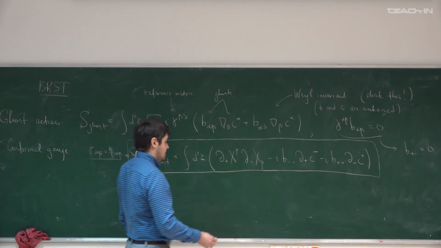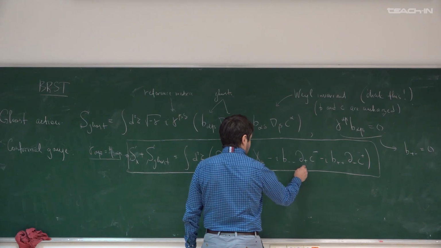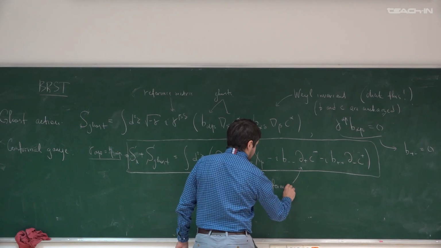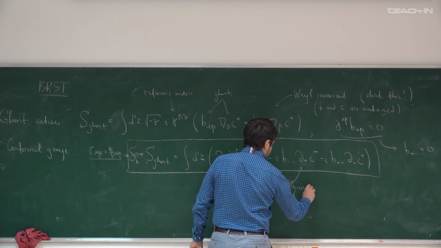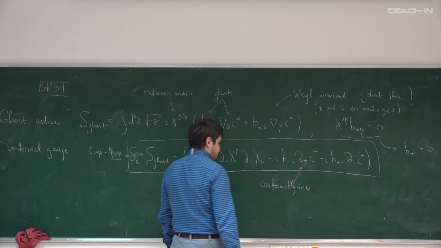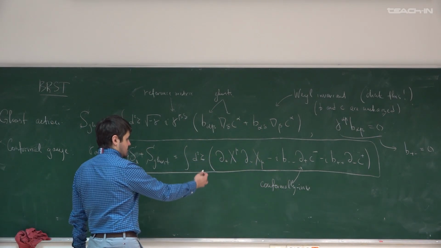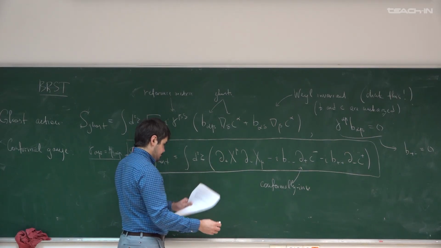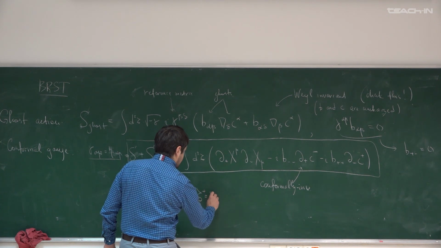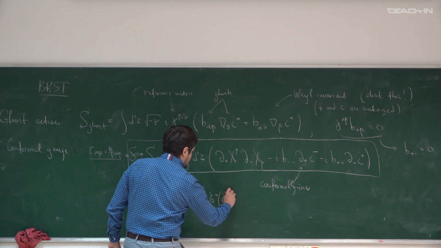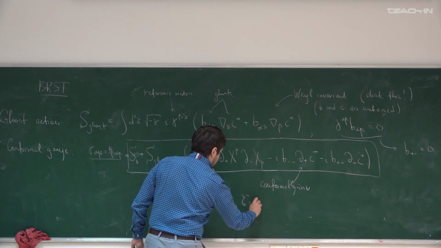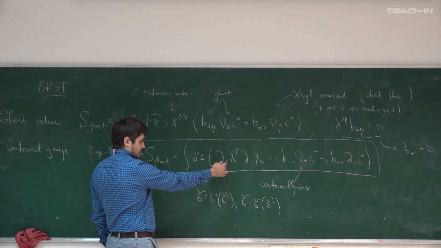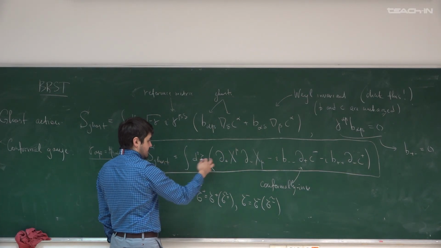The point is that these terms are conformally invariant. So this is, I hope, obviously conformally invariant, right? You reparameterize sigma plus and sigma minus to tilde variables, and the factors of the Jacobian that come from the derivatives cancel against the measure.